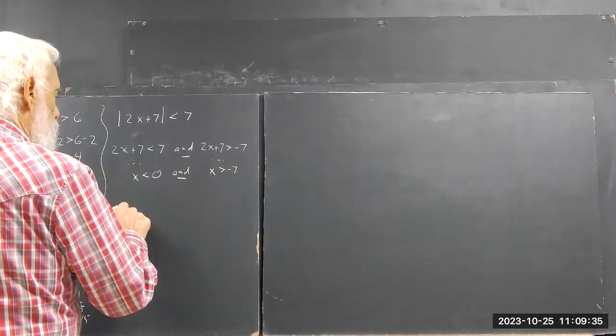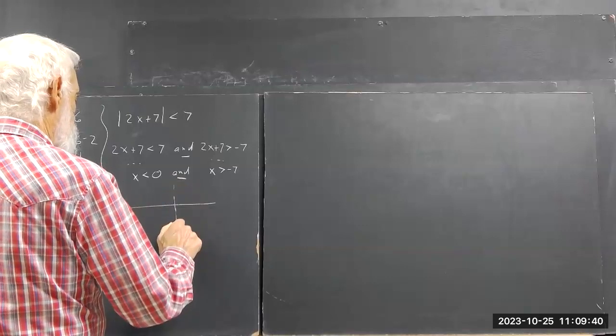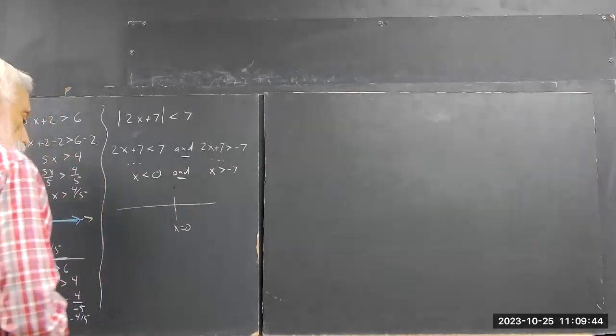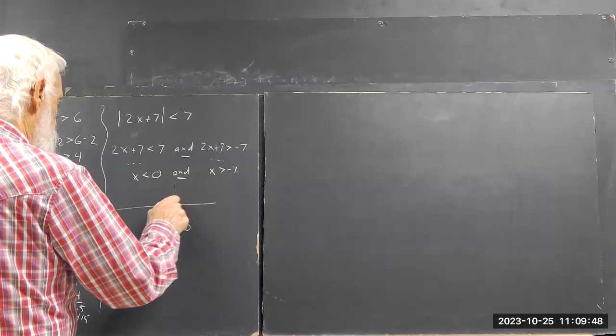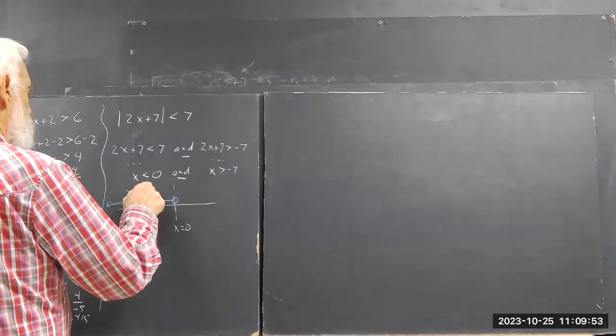Now, if we try to graph that, okay, here's the origin, x equals 0. x has to be less than 0. And that includes all values of x, like so. So here is x less than 0.